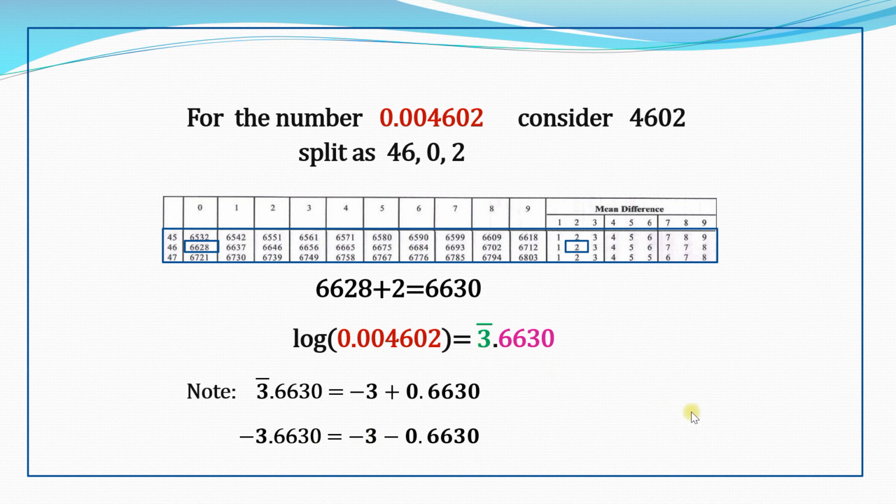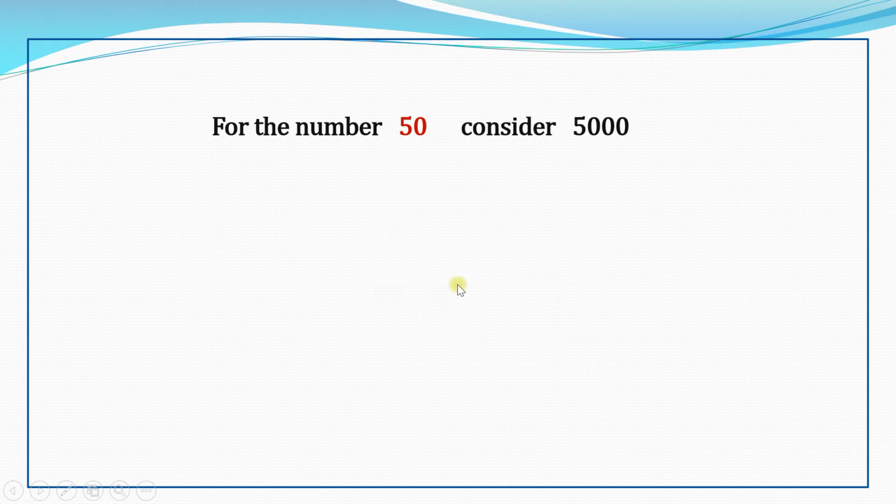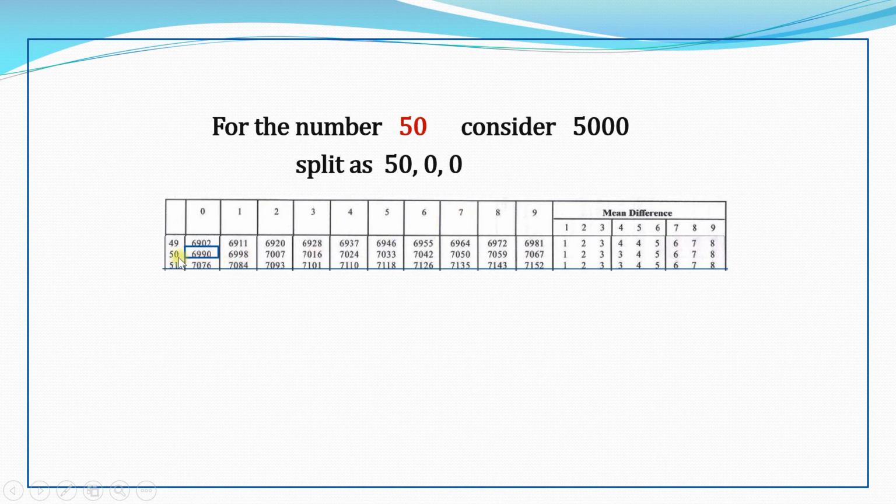Now let's take some more examples. For this number 50, you don't have 2 more digits, so you should take them as zeros and split this into 3 parts, and look under the logarithm table, search for the row 50, column headed by 0, which is 6990, and then you don't have a mean difference column here, so 6990 plus 0 is 6990.